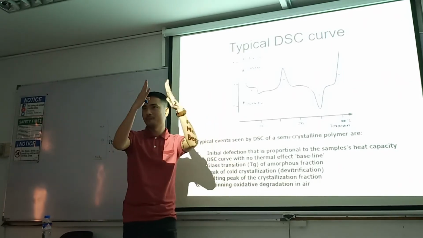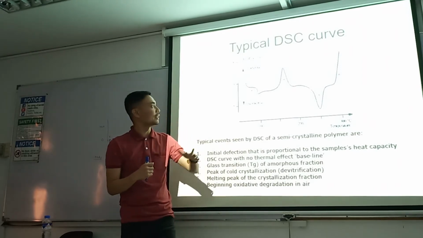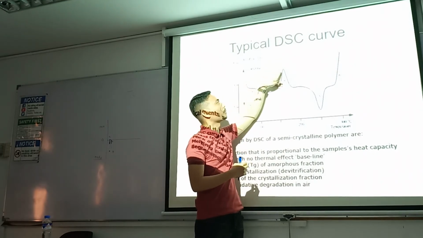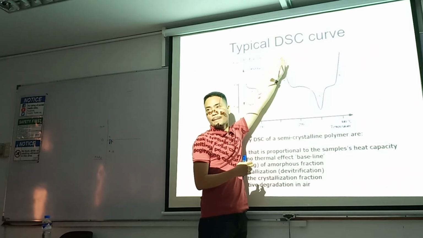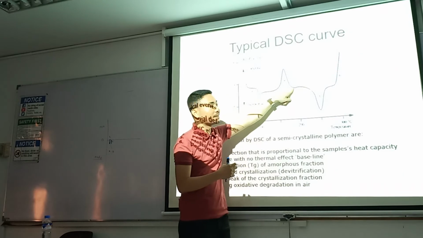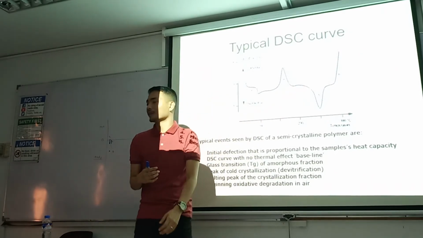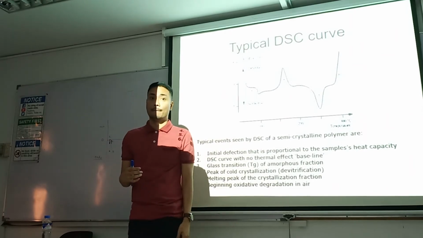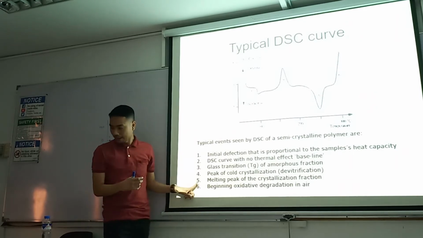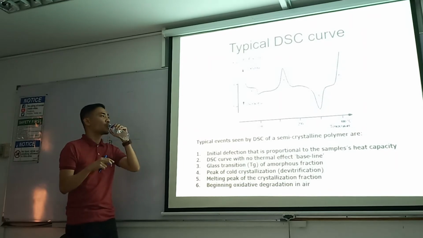So after mag-form na ng mga amorphous regions ng crystalline regions, kapag na-form na lahat, hindi naman pwedeng magtuloy yan, di ba? Pag-stop na yan dito, it will go down again to have a baseline. Ibig sabihin nun, we'll be having a change in the temperature. Now, stage 5, can you read? Melting peak of the crystallization fraction.